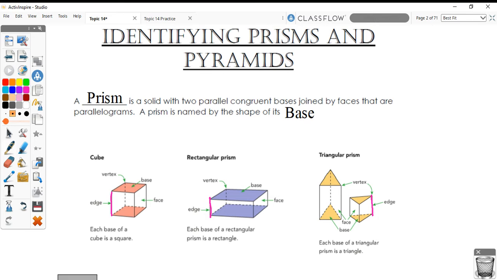Okay, any place that connects the corners of any of these sides of the prism would be considered an edge. It's one of the most self-explanatory definitions we've had all year long. And a vertex would just be a corner. I'm putting in green a couple of examples of what a vertex could be on a 3D shape.